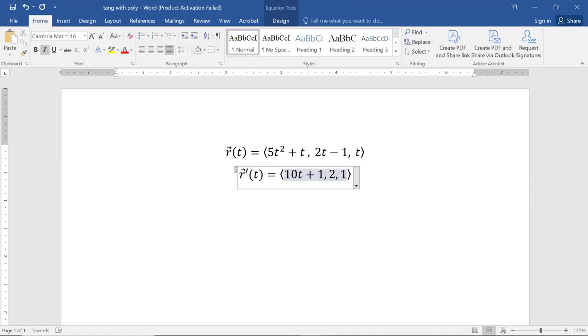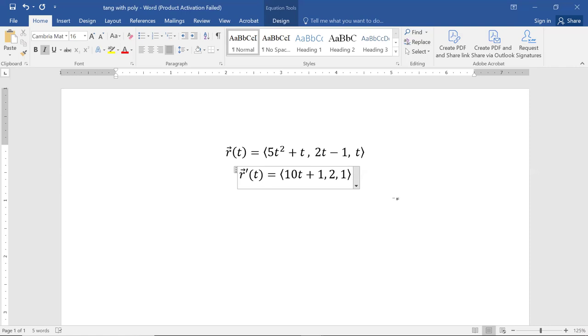So that's my derivative. Now notice that the derivative, unlike our last example, has varying lengths based on different values of t. In our previous example, my derivative had constant length of square root of 16.25.